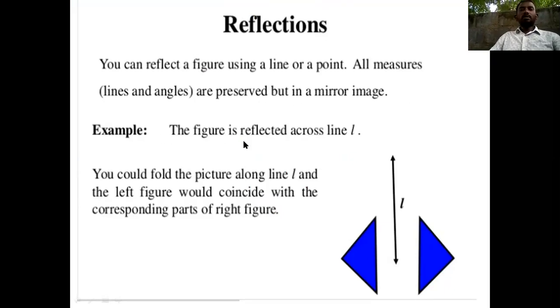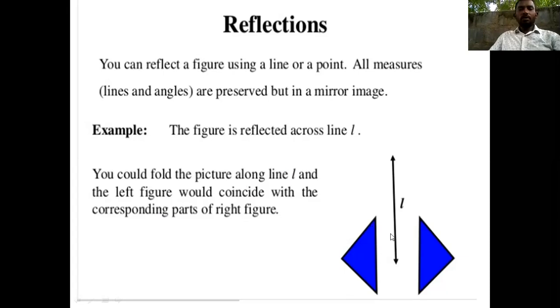For example, the figure is reflected across the line L1. See here. You fold the figure along the line L1, and the left figure would coincide with the corresponding part of the right figure.